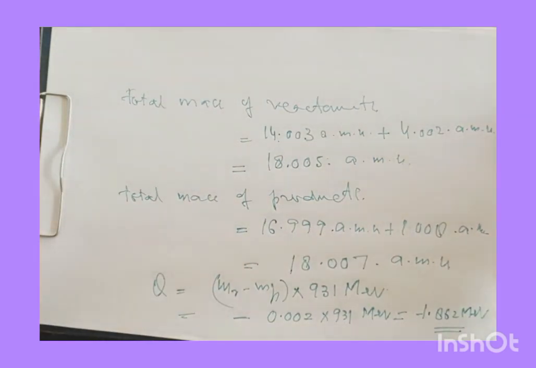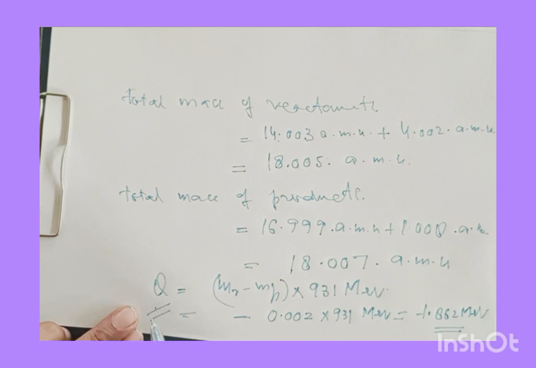So we can conclude from this simple note that this is an endothermic reaction. And if we use the same calculation for those reactions that take place spontaneously, the Q value that we will have will be positive for all of those nuclear reactions.